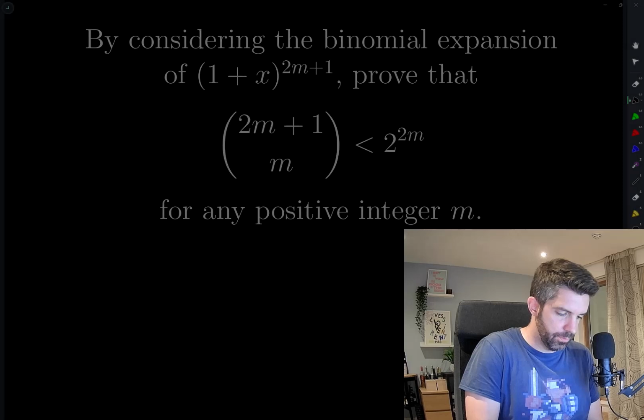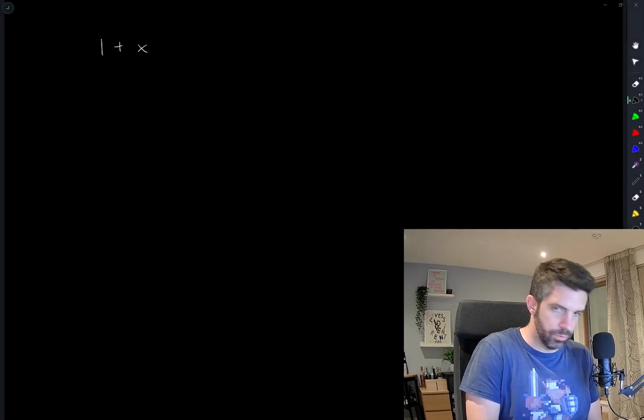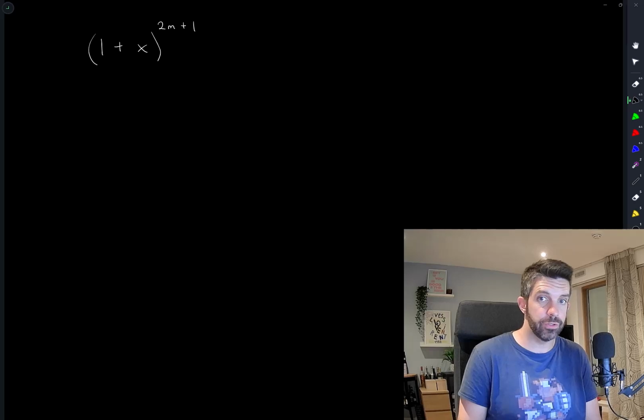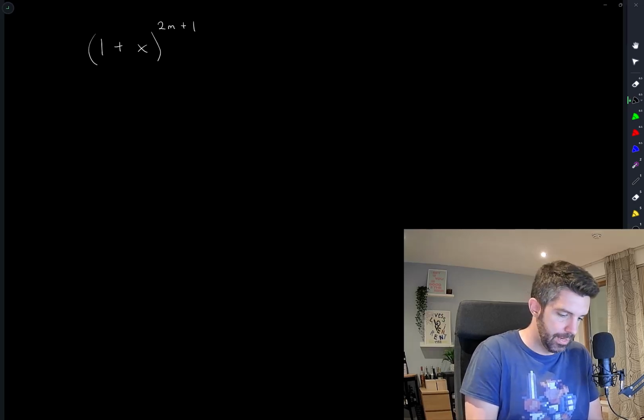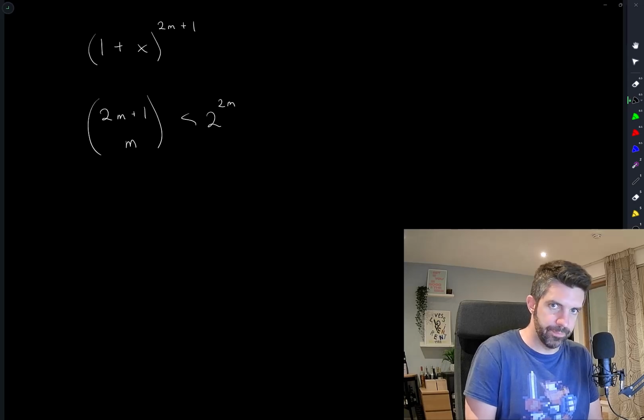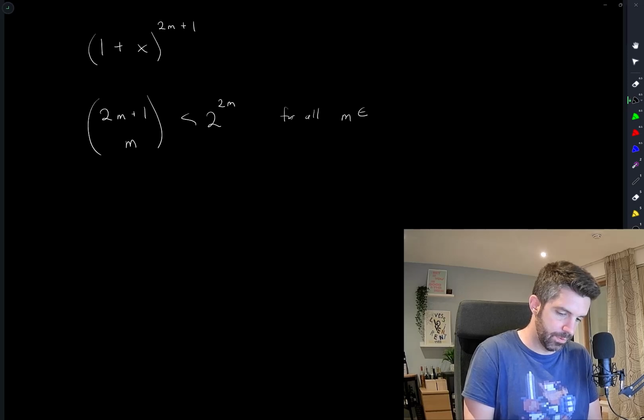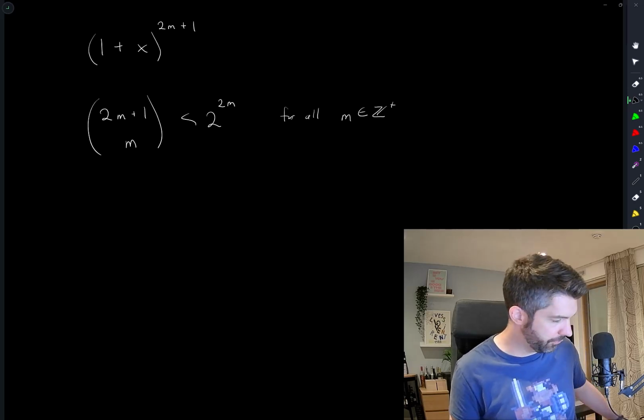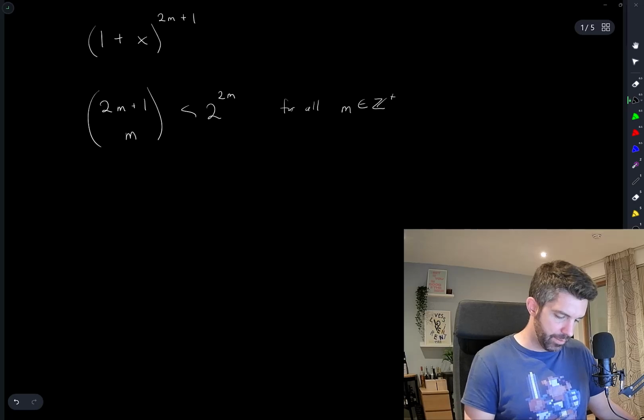Okay, so we're told to consider the binomial expansion of this, and we want to prove that (2m+1 choose m) is less than 2^(2m) for all positive integers m. Okay, so first let's try and remember the binomial expansion.